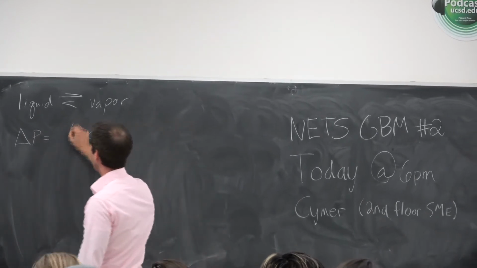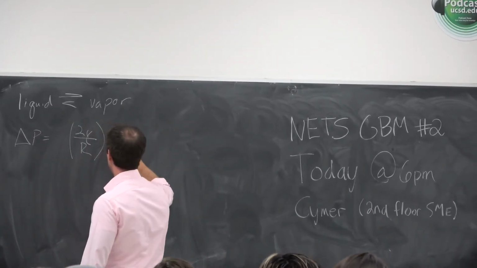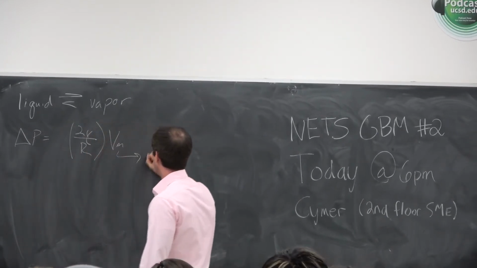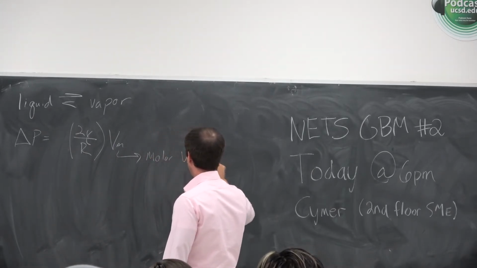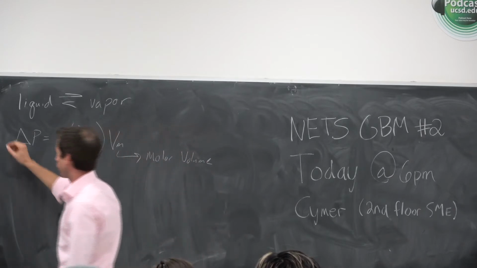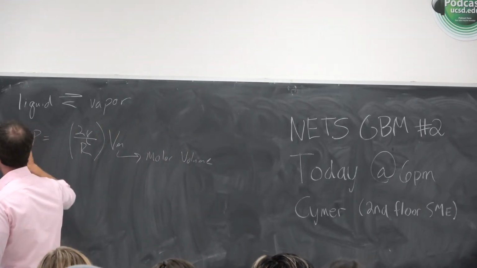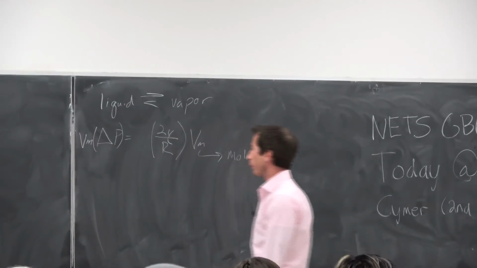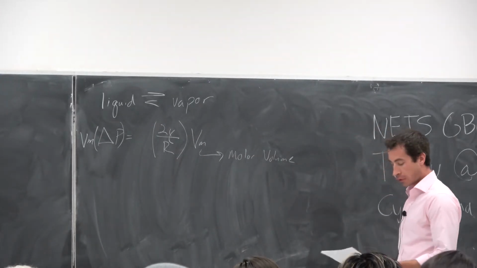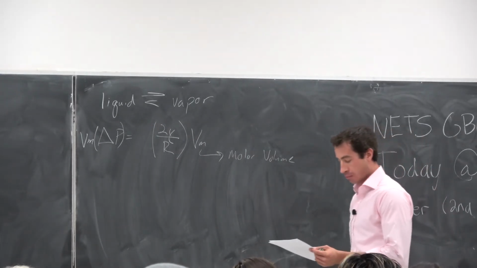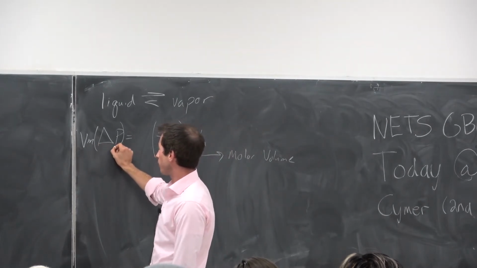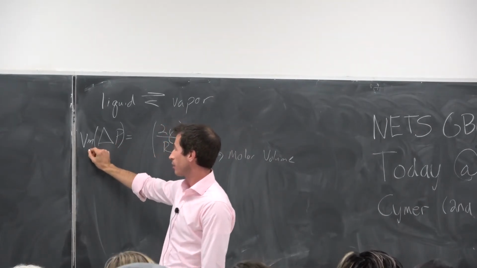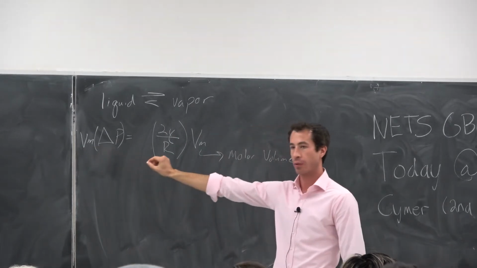So what if we multiply both sides by the molar volume? This is the volume that 1 mole occupies. Okay. If we're taking this pressure and this volume, what is that?